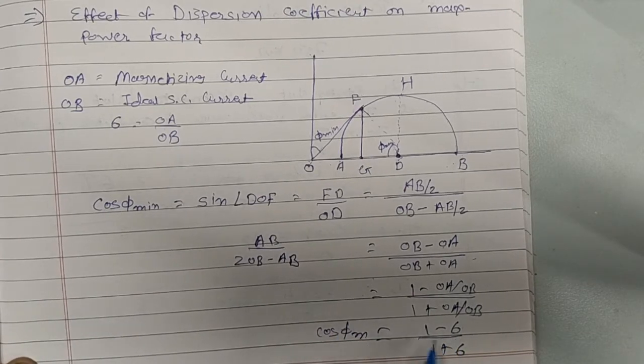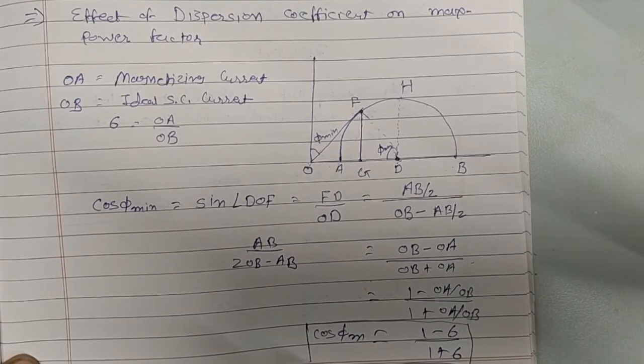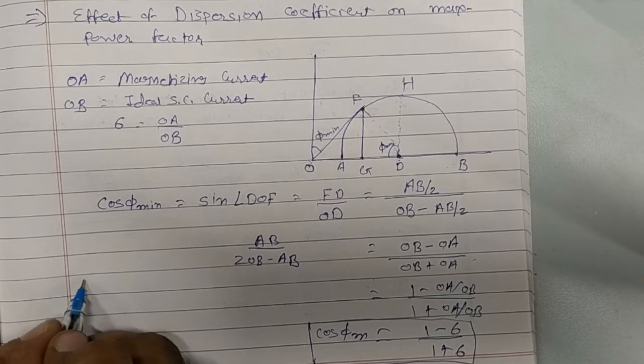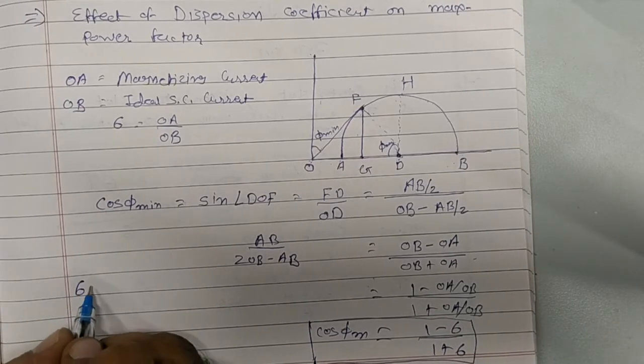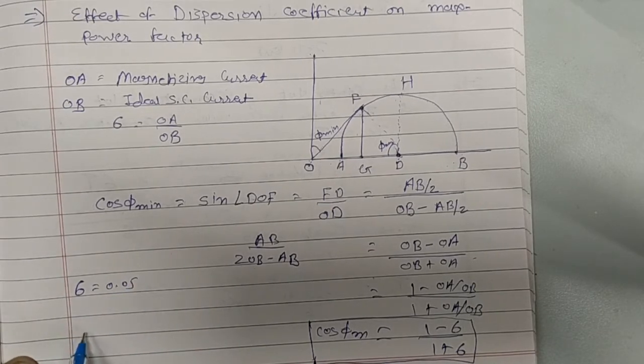If we focus on this equation, we can cross-check it. Let us take sigma equal to 0.05, and then sigma equal to 0.1, meaning I am increasing sigma from 0.05 to 0.1. This is the first case, this is the second case.